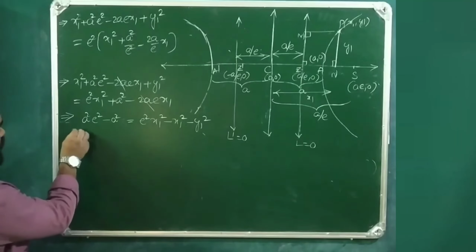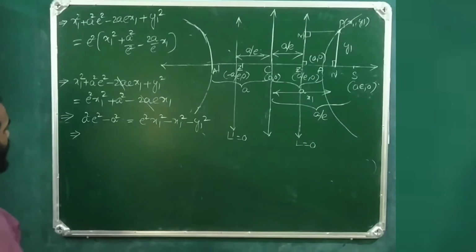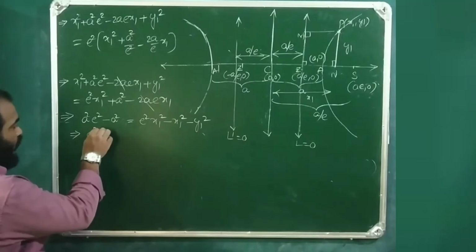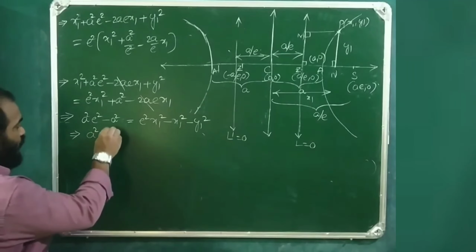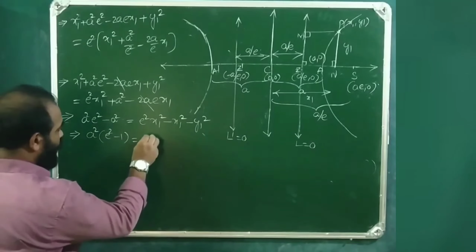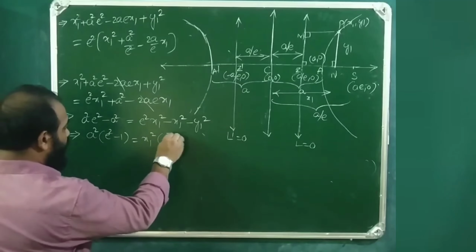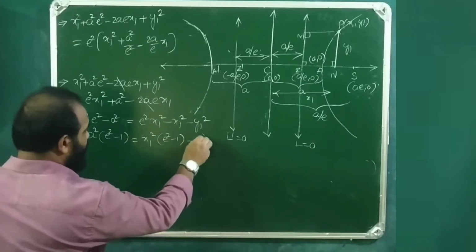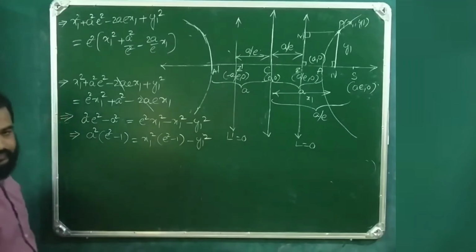So this is equal to, take A square in common here, then we'll get E square minus 1 is equal to, take x1 square common here, E square minus 1 minus y1 square.